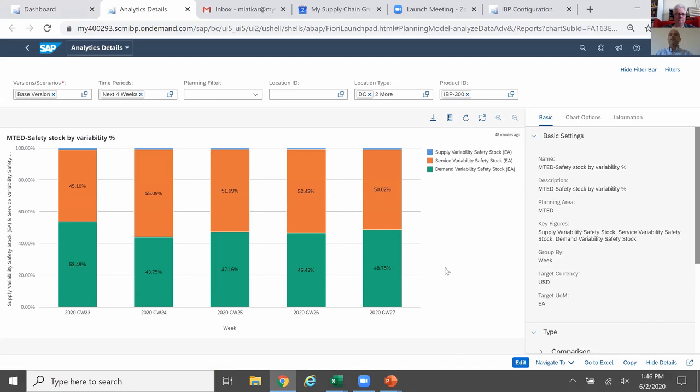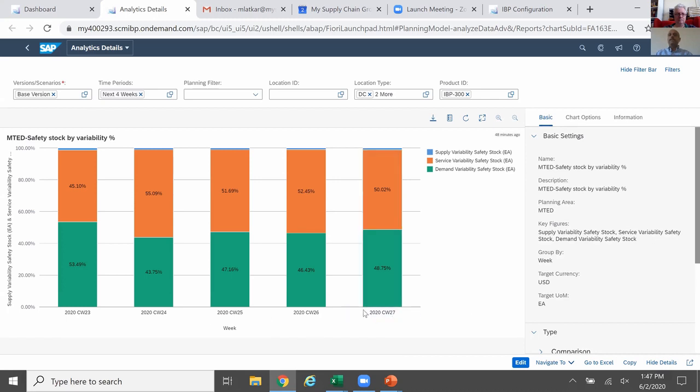Here you can see we have three key figures: supply variability, demand variability, and service variability. And this is your total recommended safety stock for this product, IBP 300, and we have two locations and five calendar weeks.